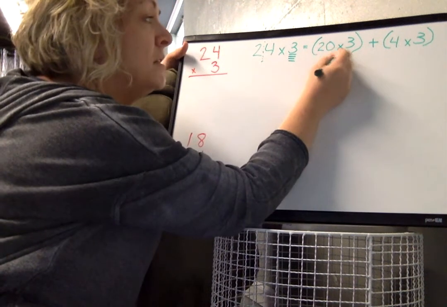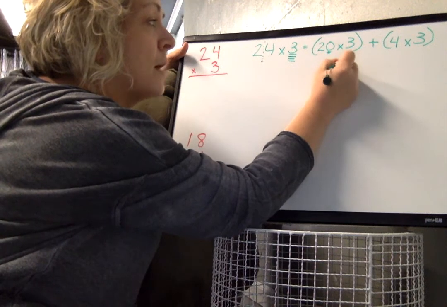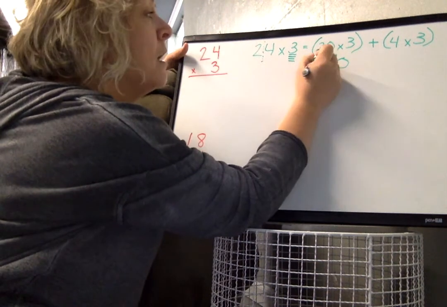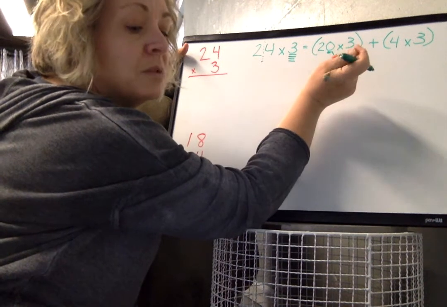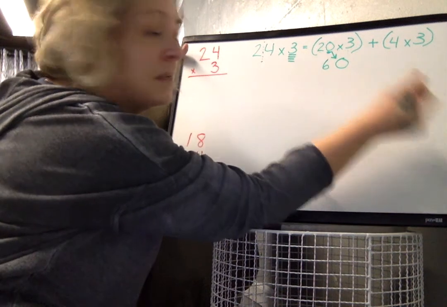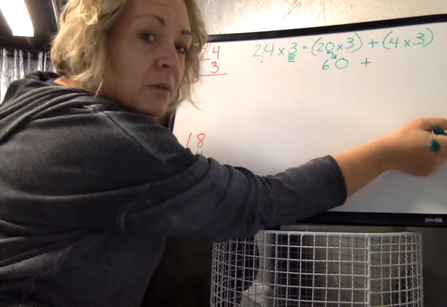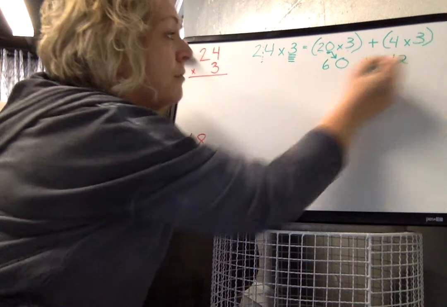All right, 20 times 3, if it's a 10, we're going to just drop that 0. Remember, just put that 0 down. And then we say 2 times 3, 6, right? So we get 60, plus 4 times 3. I would hope by now maybe you know that one by memorization, 12.